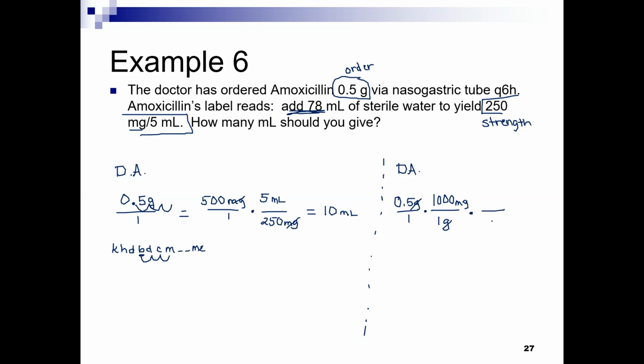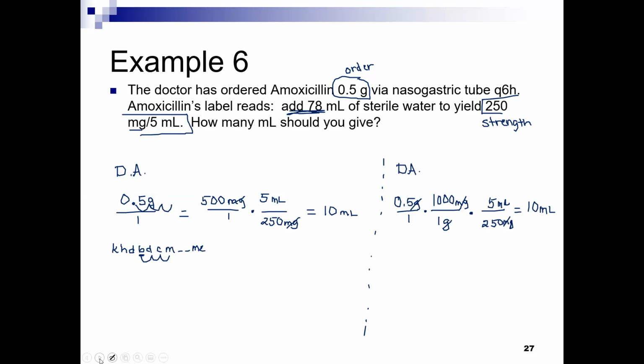And then again, we will use the strength of the medication, the 250 milligrams in the denominator with the 5 ml. When we multiply straight across and divide, we end up with the same answer. You will clearly notice that in either setup, I did not use the sterile water because that is needed to reconstitute the medication, but it is the strength that is needed to do the math calculation.